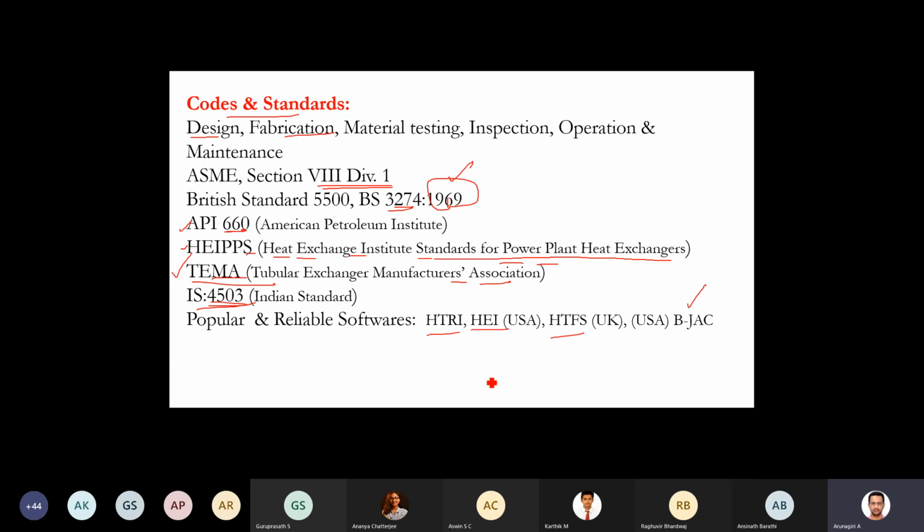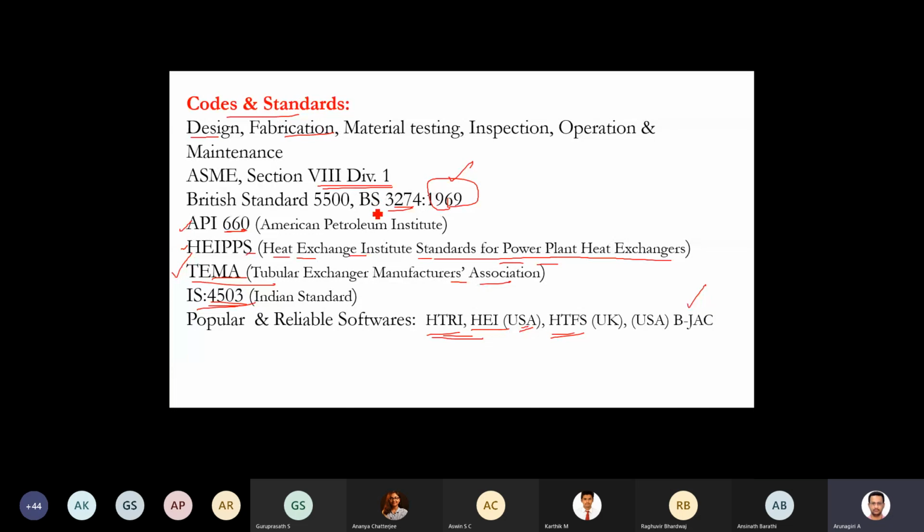So we have many reliable, popular software packages for the design of heat exchangers. This is the country name where the software was developed. So this is about codes and standards.